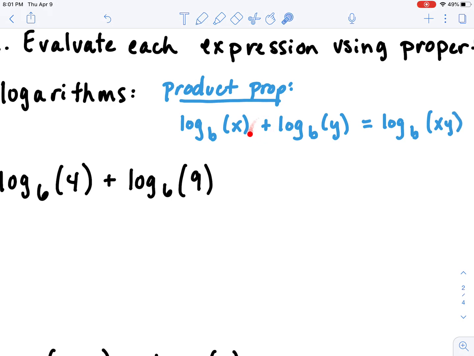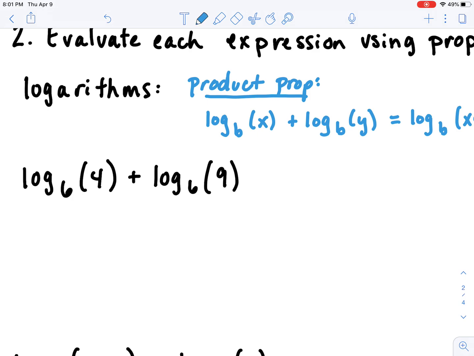So addition outside the logs is the same as multiplication inside the logs. So let's use that idea here. I have addition, so I'm going to use the product property. Product property says that this is equal to log base 6 of, and now inside my logarithm, I'm going to have 4 times 9. I'm multiplying my answer numbers inside the logarithm.